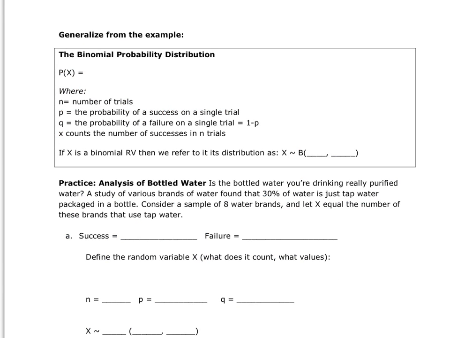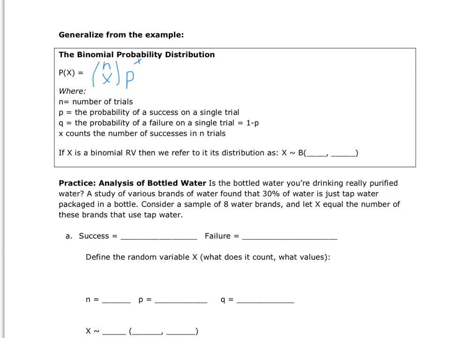Let's now generalize the formula so that it'll work with any n. Wherever we have a 4, we want to replace that with n. So the probability of x is going to be that combination, where whatever n is, we plug that in, and whatever x is, we plug that in. We had 0.2 in there, and that was p, so we'll replace that with a p, with the exponent of x on there.